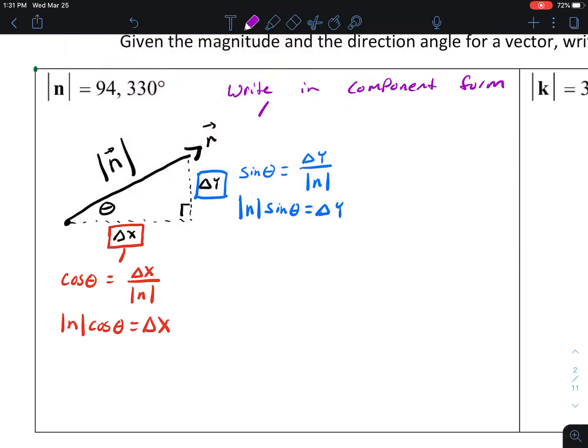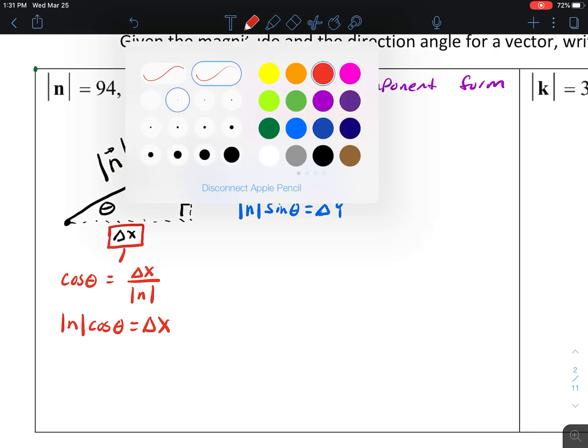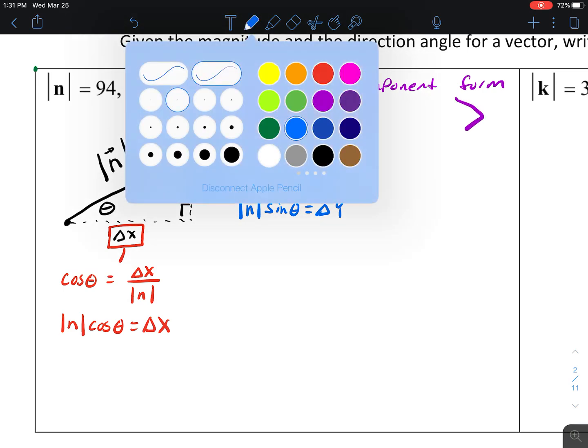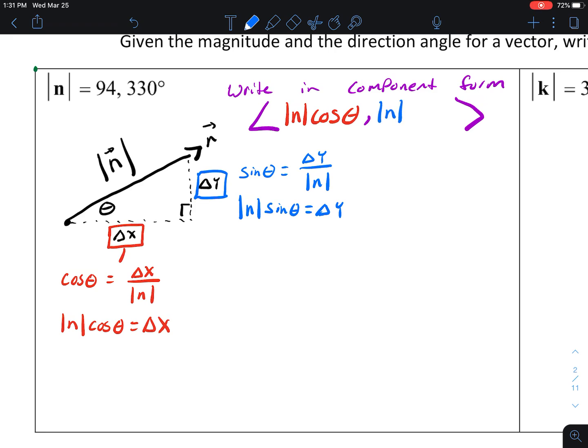And so our component form, if we don't actually know the components of the vector, can be written as magnitude times cosine of the angle, magnitude times sine of the angle.